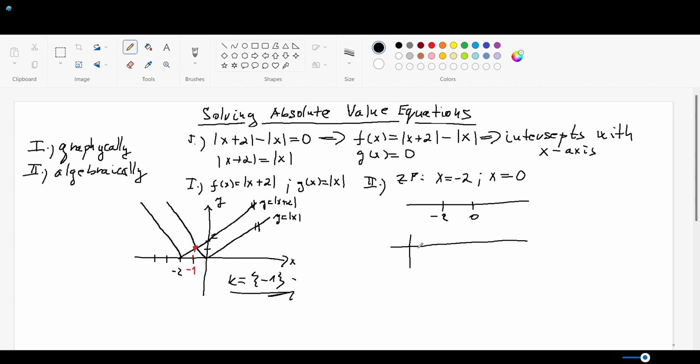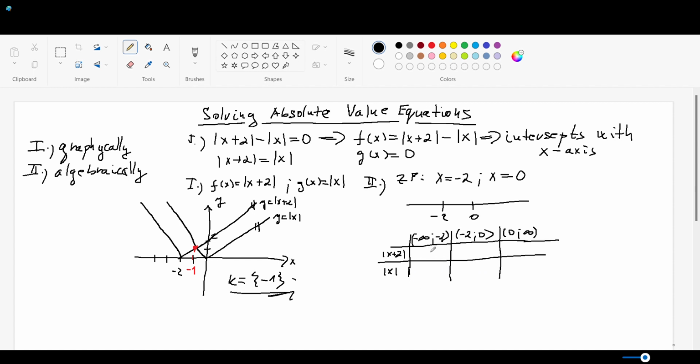Now, based on this information, you sketch the table to find the expression representing the absolute value on each interval. So let me do it. The first interval is from -infinity to -2, the second one is from -2 to 0, and the next one is from 0 to infinity.